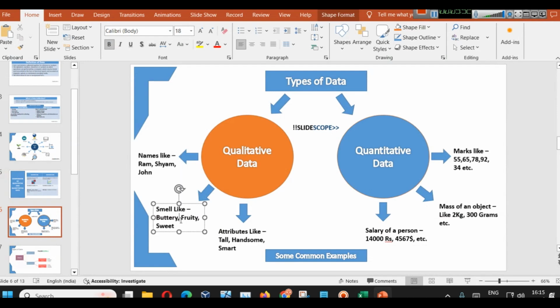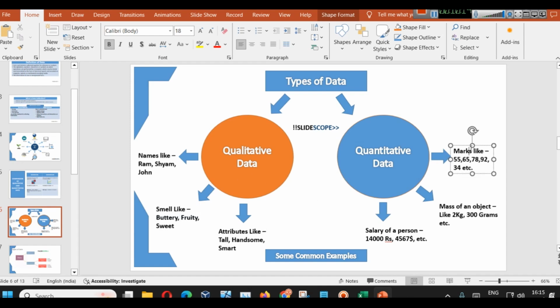If we have some object's attributes, like that object's smell is buttery, fruity, sweet, or something, right? So we can say it's a qualitative thing. Sometimes we define someone with attributes like tall, handsome, smart, etc. So that is qualitative data.